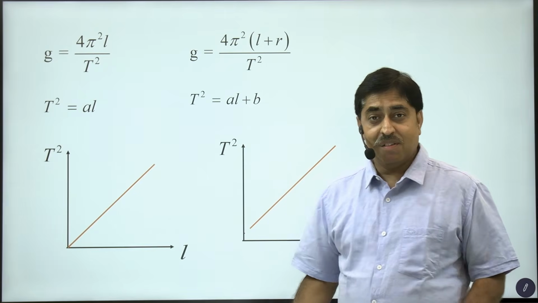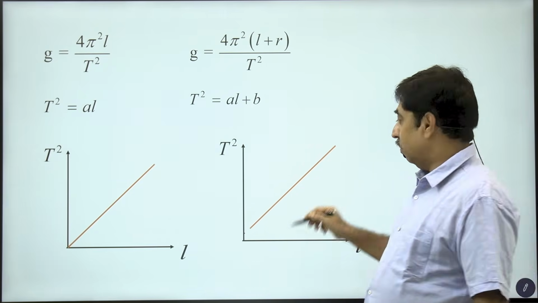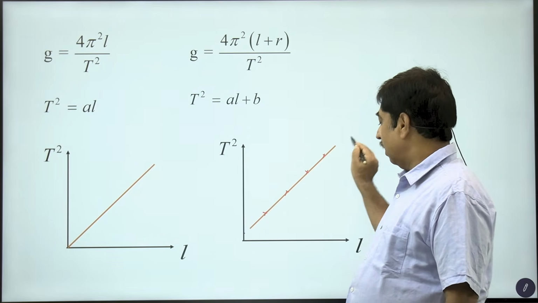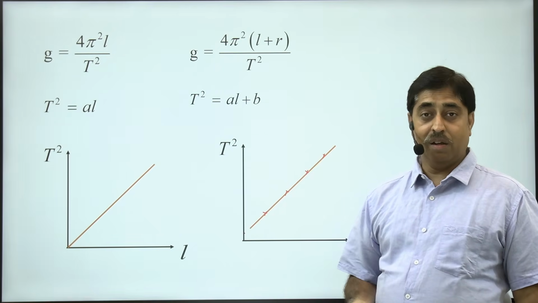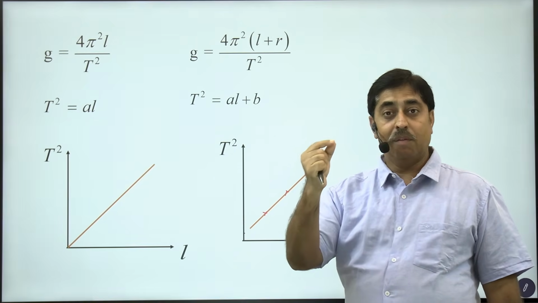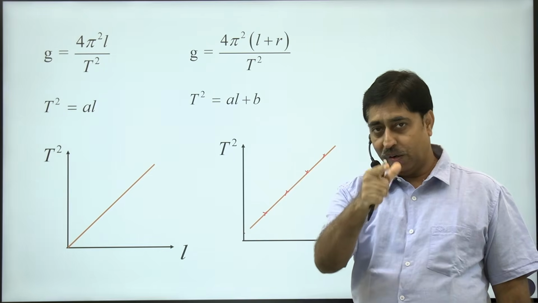It is not changing, and the slope of the graph is 4 pi square by g. So you can plot all your experimental data over here, have a best fitting straight line, measure the slope of the line, and that slope is 4 pi square by g. So if you know the slope, you know the value of g.